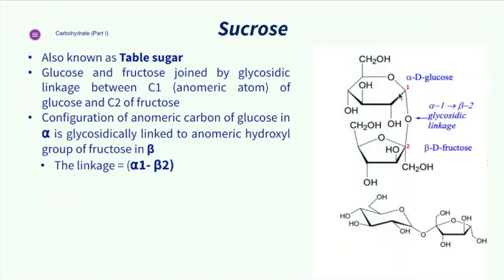So the linkage is alpha 1, beta 2, because both are anomeric carbons. This is the anomeric carbon of the fructose and this is the anomeric carbon of the glucose. So alpha glucose at carbon 1 reacts with beta fructose at carbon 2, so the naming will be alpha 1, beta 2, based on the configuration.